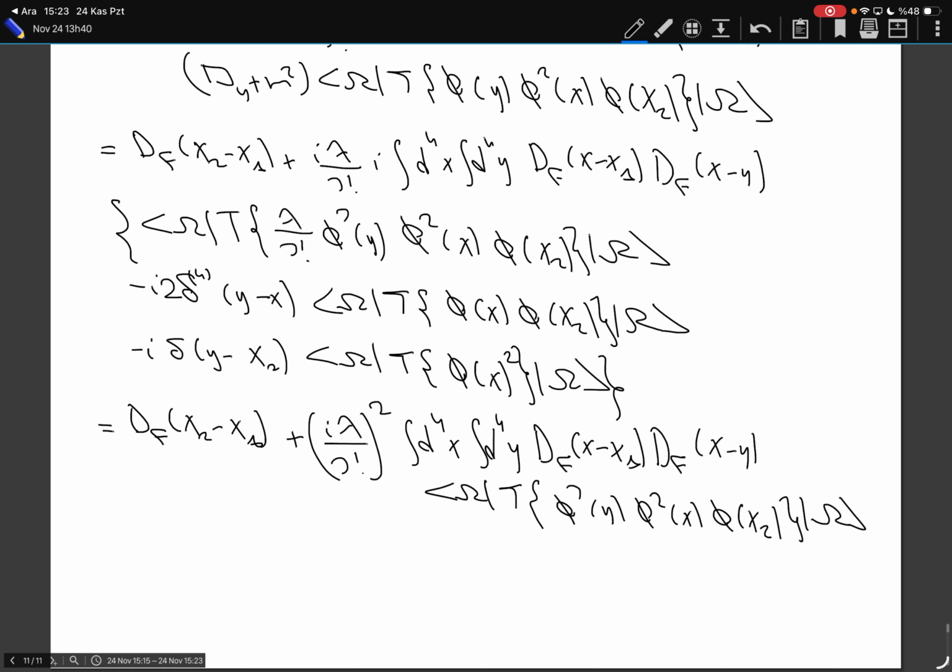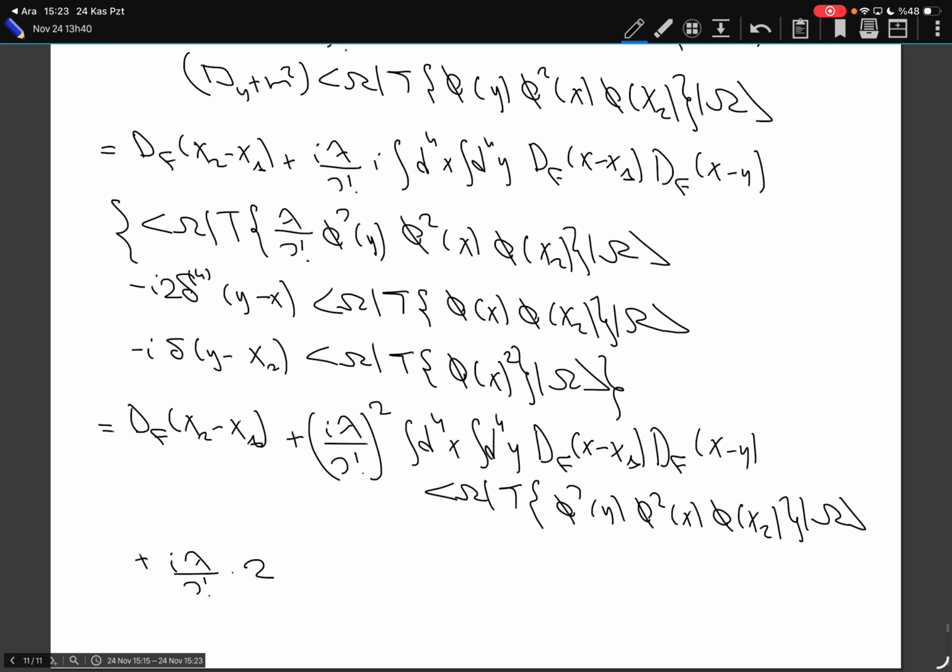Then I have plus 2i λ over 3 factorial times 2. I'm just writing this term. Remember, there's an i over here, a minus i over here, so they cancel.